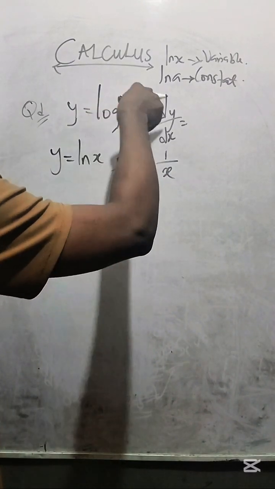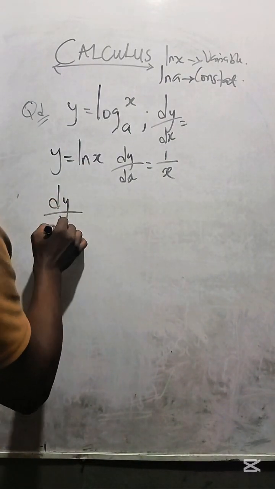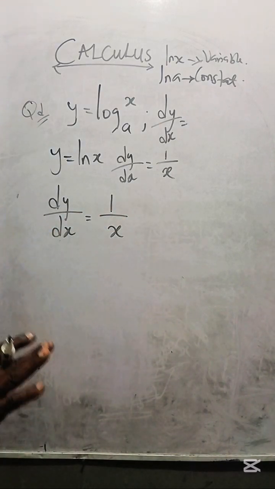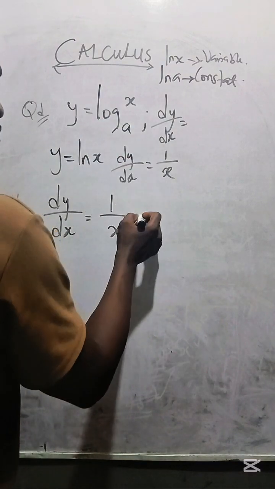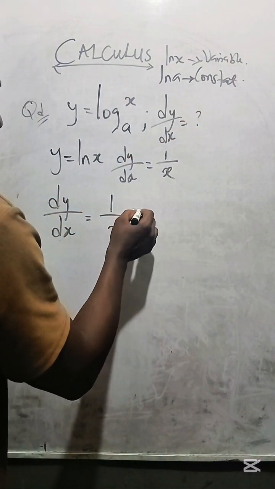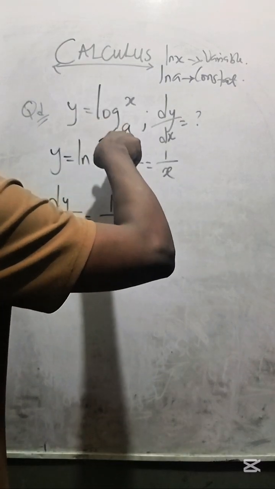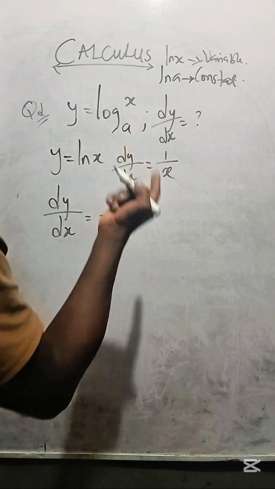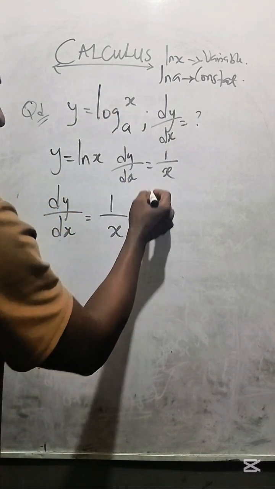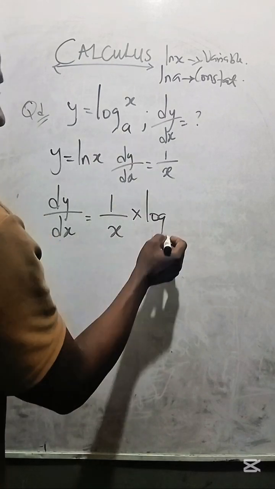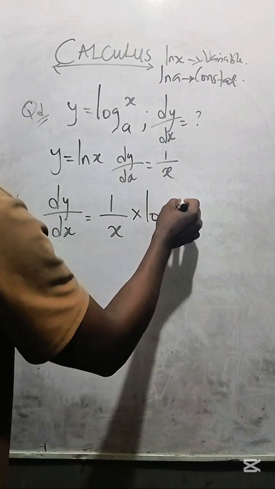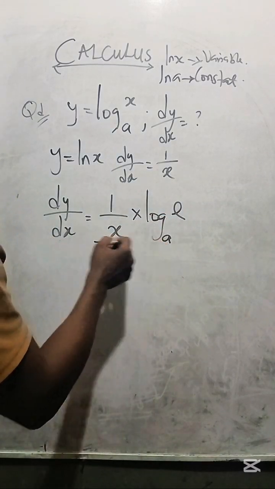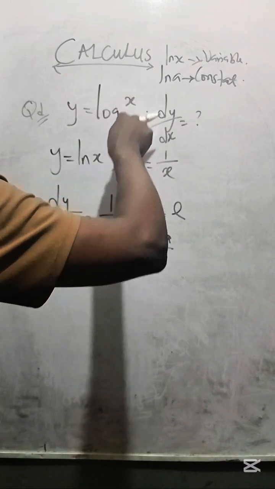When you see log x, your answer must be 1 over x. Okay? That one is settled. Now, you also say times log a. Because of this ln that we have already used here, it is appearing here, but you didn't say log a. This log base a will be here, and that e will be there. So 1 over x times log e base a. You stop. So anytime they ask you to find the derivative of log x base a, you do this.